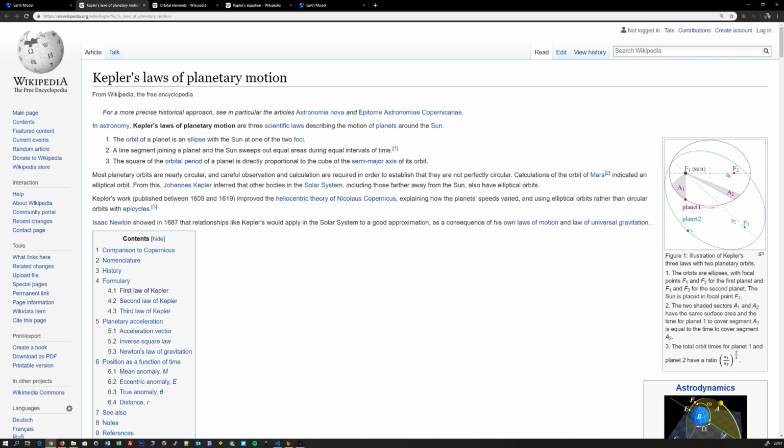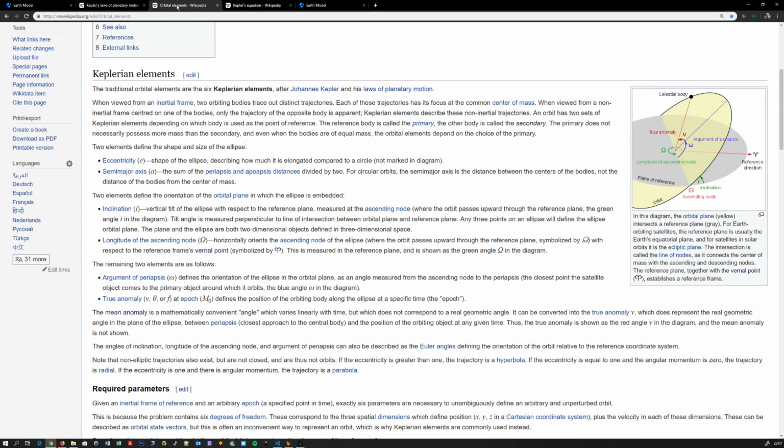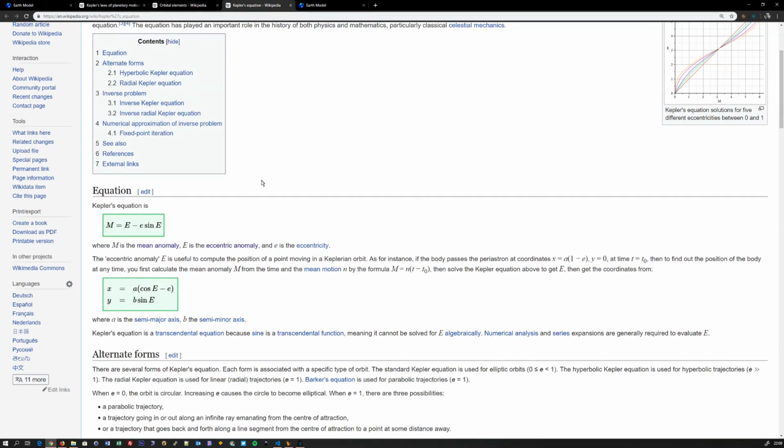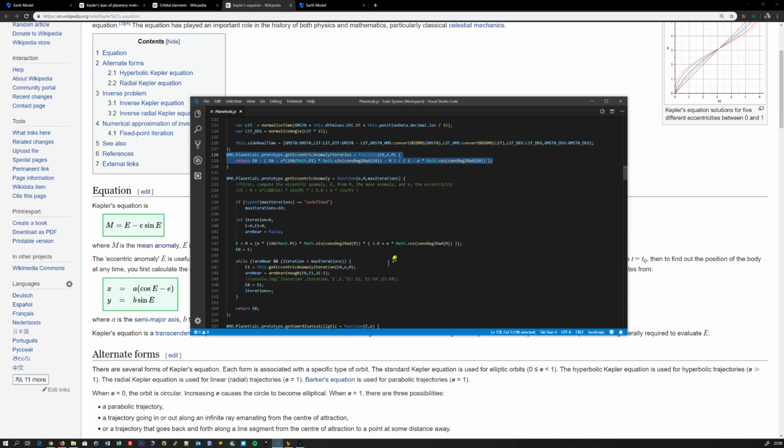So we've got Kepler's laws of planetary motion, and we've got the orbital elements. And finally we've got Kepler's equation, and this is it, as simple as that. The problem is that we have to calculate E instead of M. That's a slight pain because you cannot just calculate it, you have to sort of approach it.